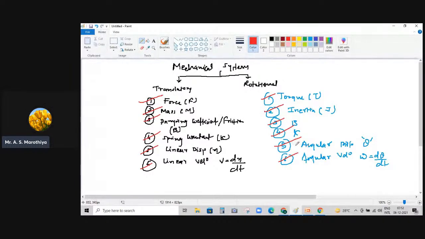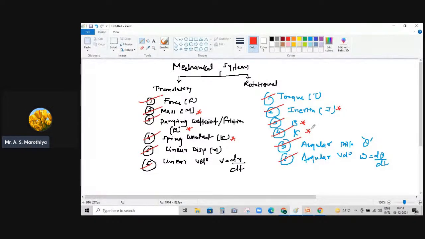Because I told you that if we are interested to find out its mathematical modeling, we should know what is the force equivalent component corresponding to mass, damping coefficient, and spring constant in case of translatory motion type mechanical system. In the same way, for rotational motion type mechanical system, we should know the torque equivalent component offered by inertia, damping coefficient, and spring constant.